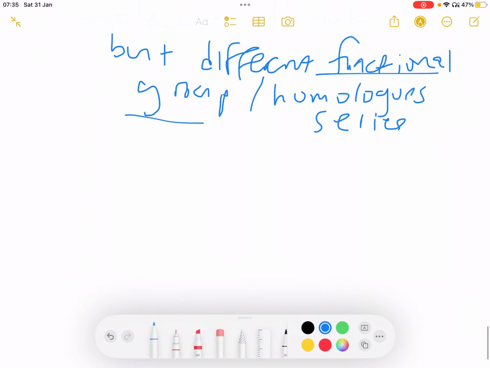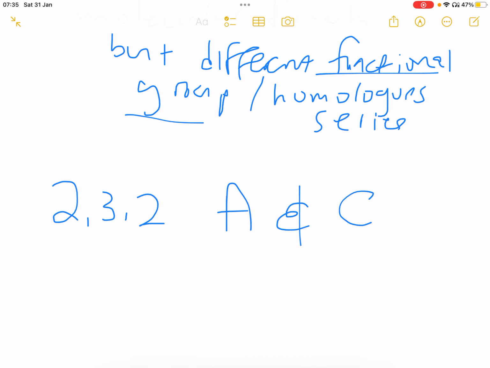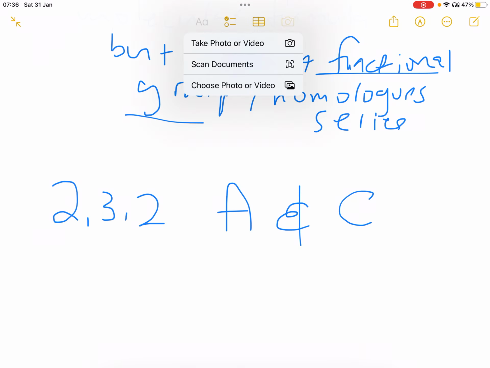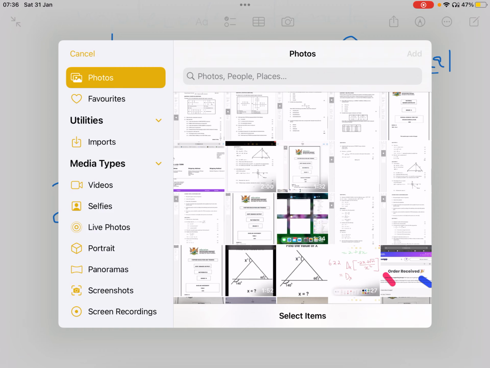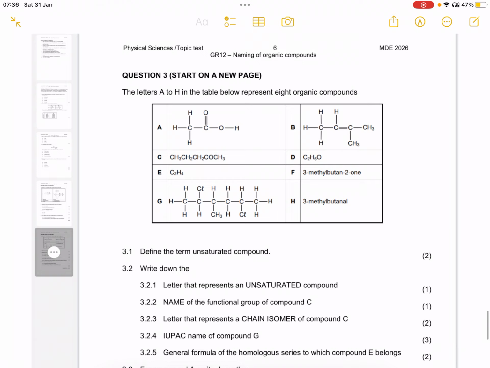So 2.3.2, that's A with C. Okay, I think we're done with that. Then we can check out the last question, question 3, because this is a short test. Question 3, also similar.